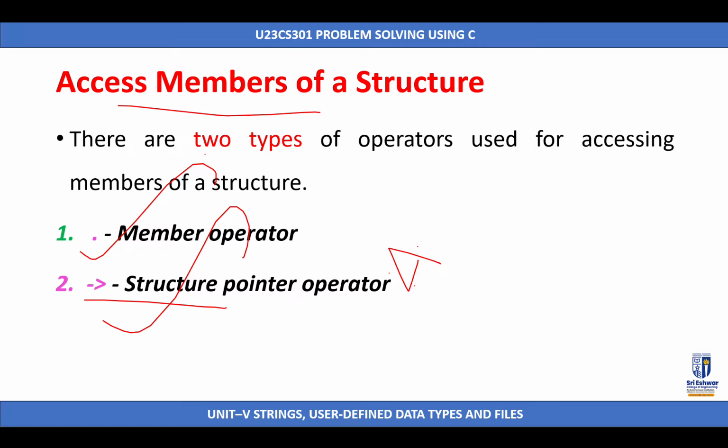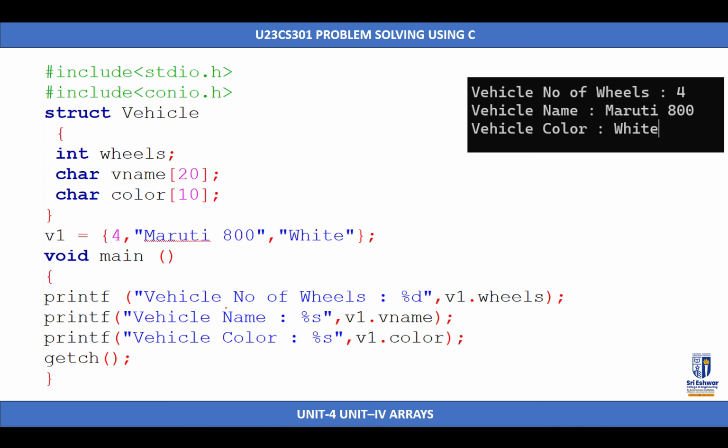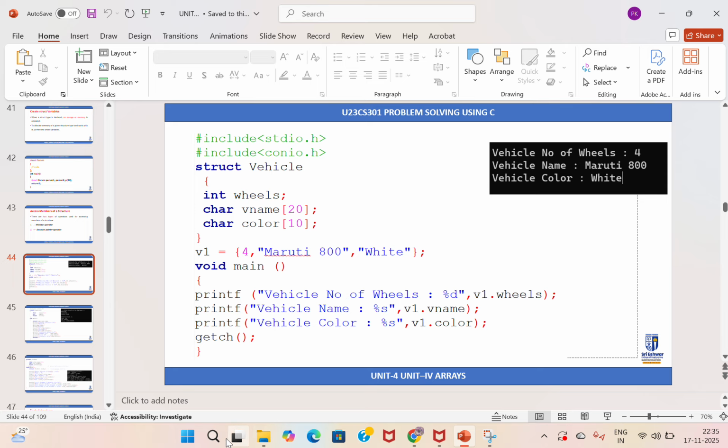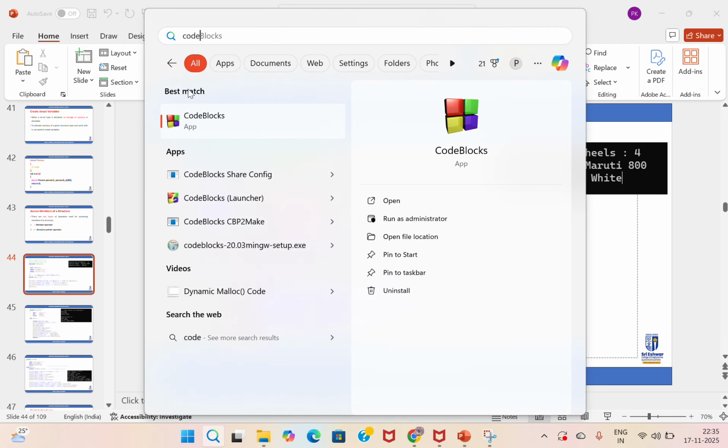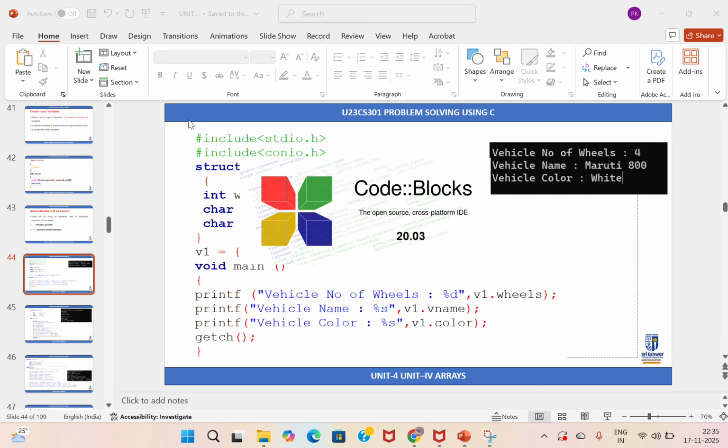With these two types, we are going to access our members in the structure. Now I'm going to show you how to write and execute a program using structure. From the start, I will show you how to begin so that you can understand it very clearly.